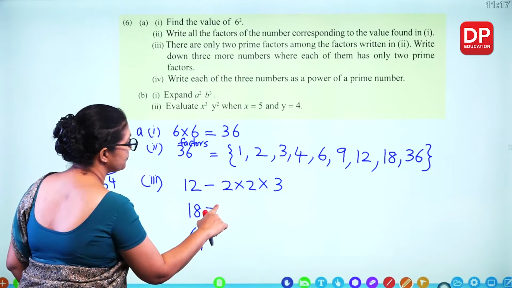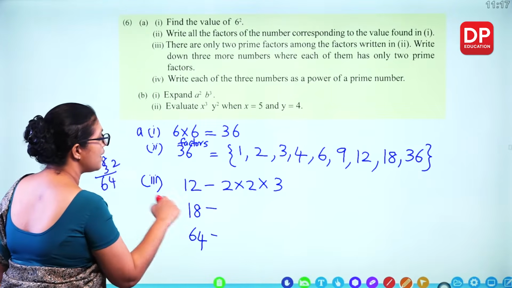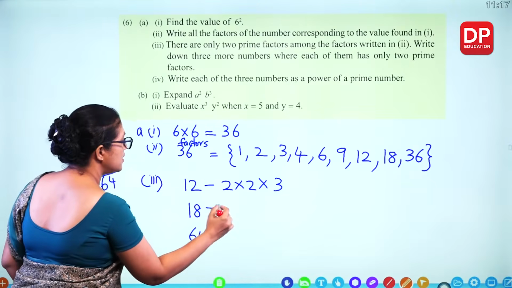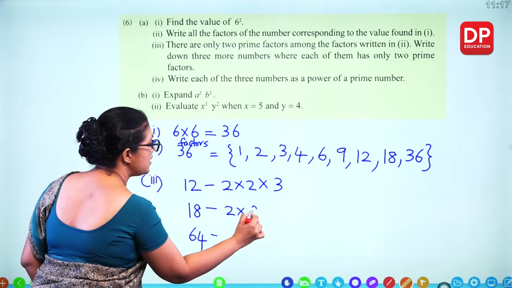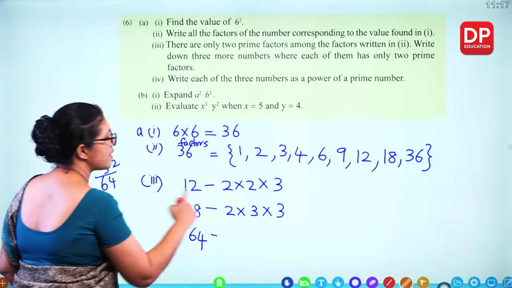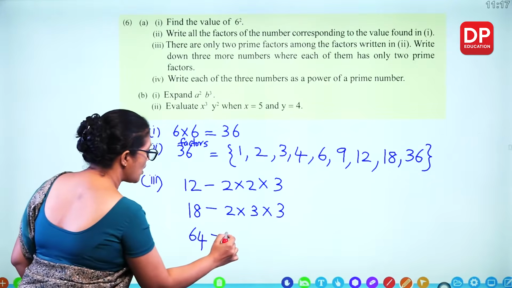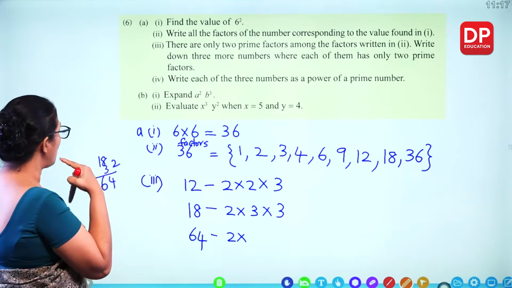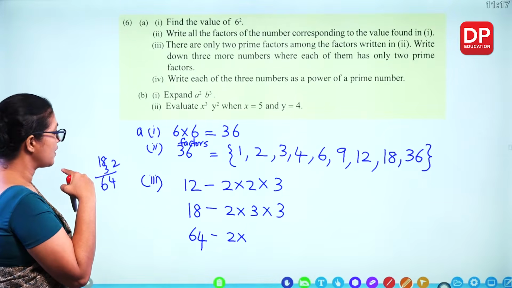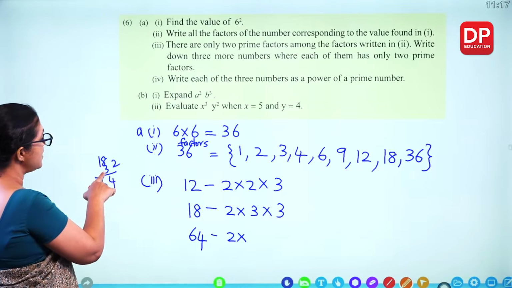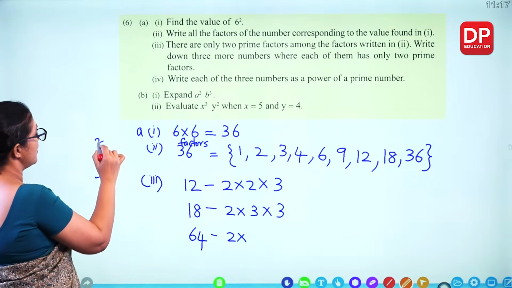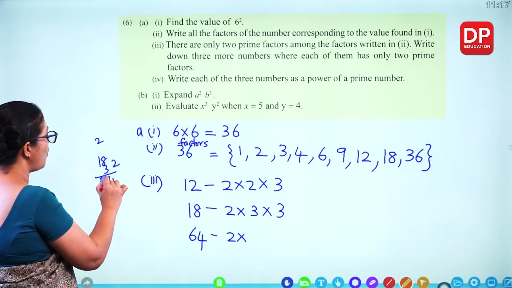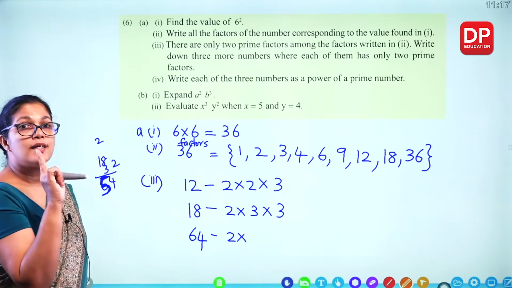And here you can multiply by 2, 9. 9 means 3 times 3. So prime factors 2 and 3. Can you get 64? That's wrong. 18 times 3 is 54. That's a mistake. 64 has only the prime factor 2.